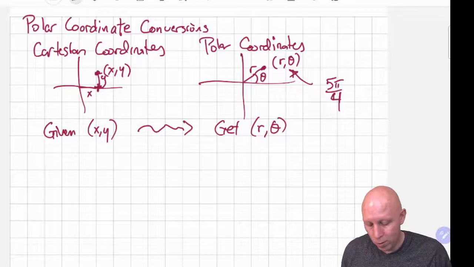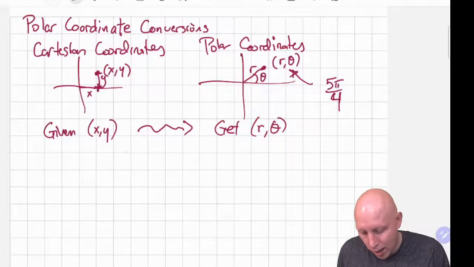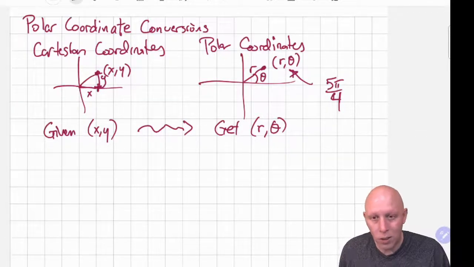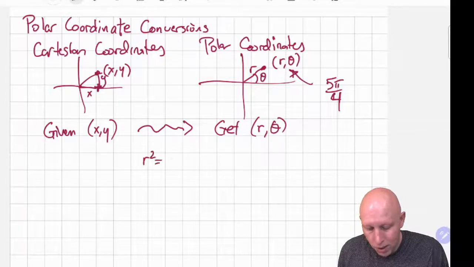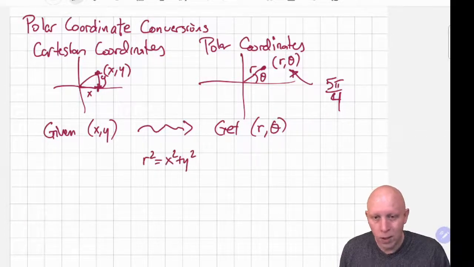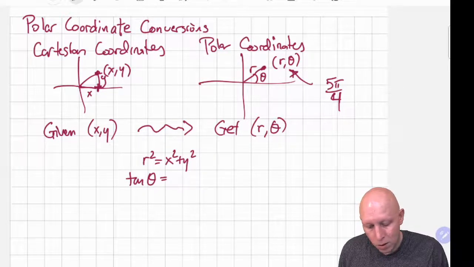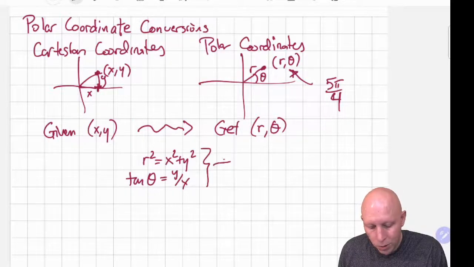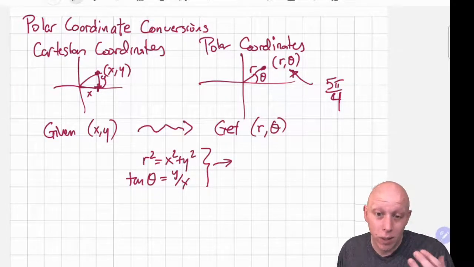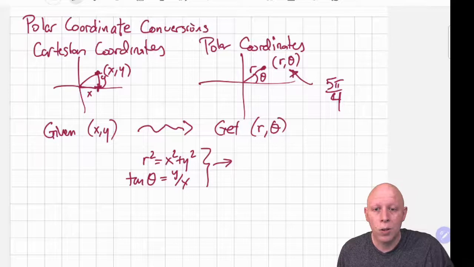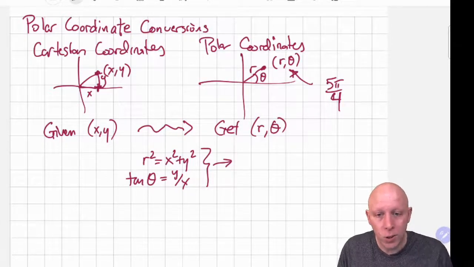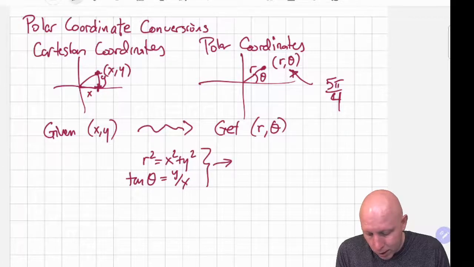Well, because this is a right triangle, we know that r squared is equal to x squared plus y squared, and we know that tangent of theta is equal to y over x. Those two equations allow us, if you're given x and y, to find r and theta.